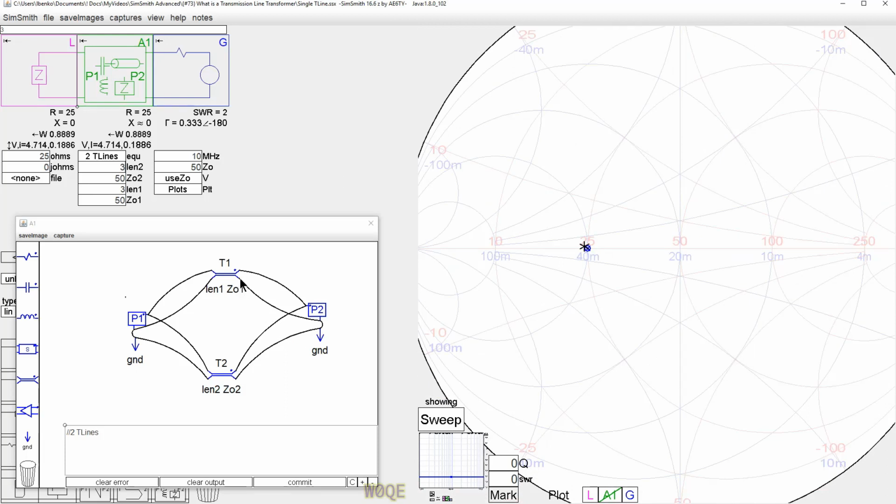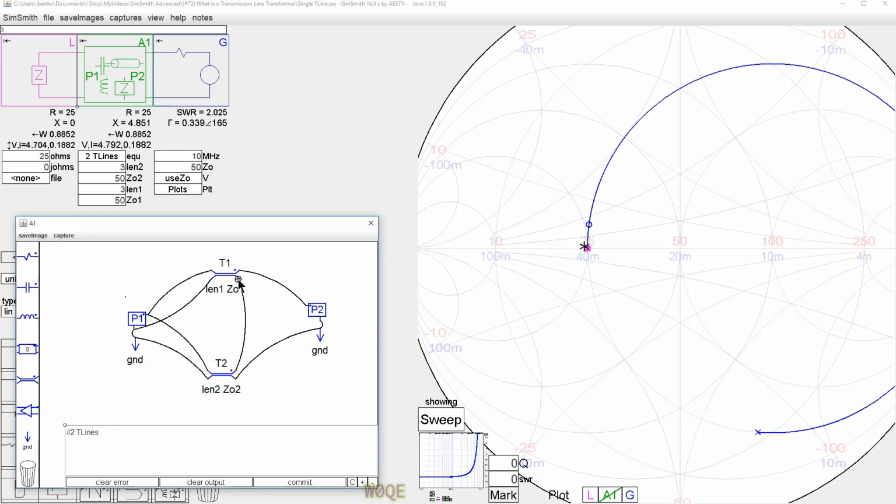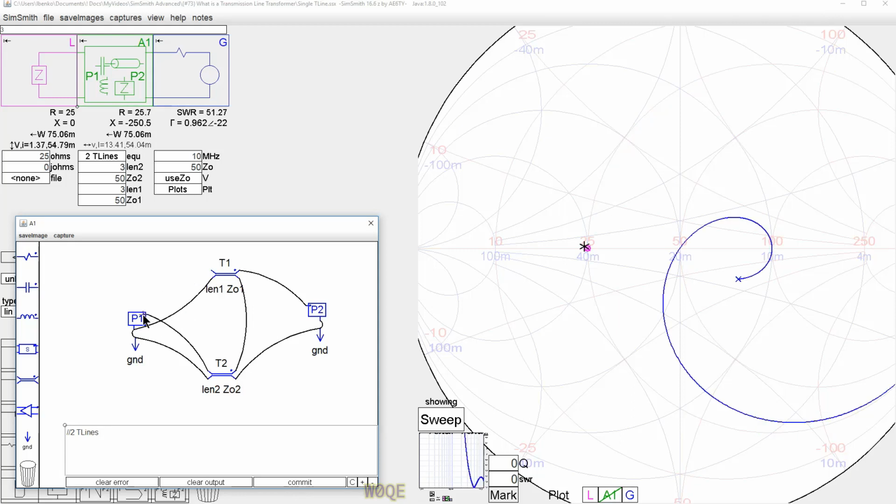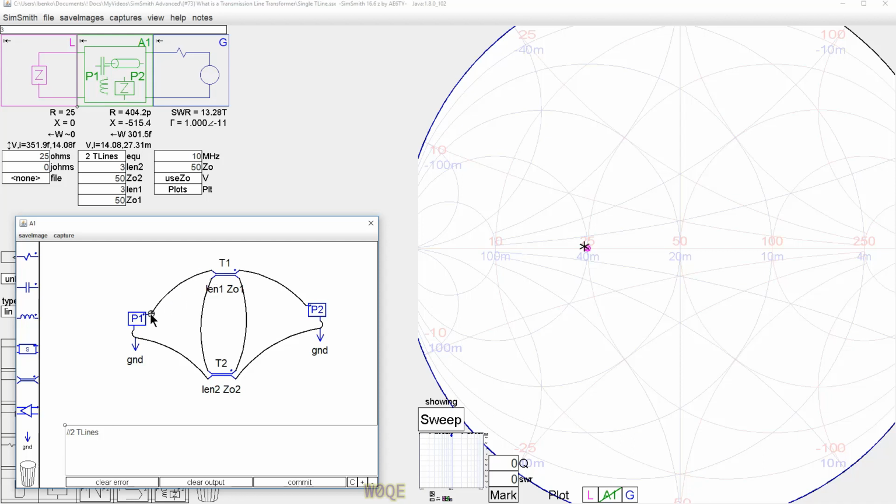We can also take these two transmission lines and drive them in series.